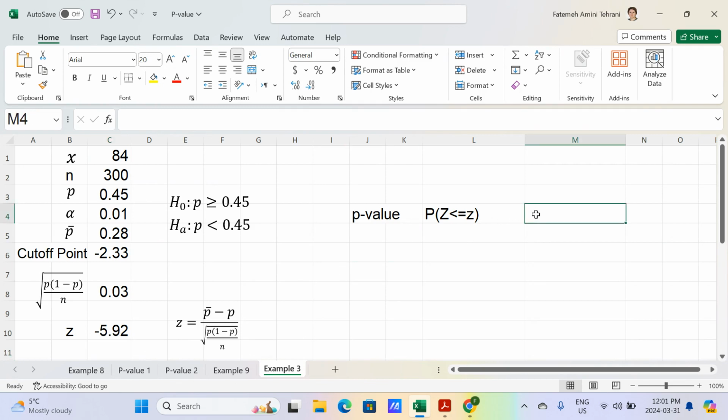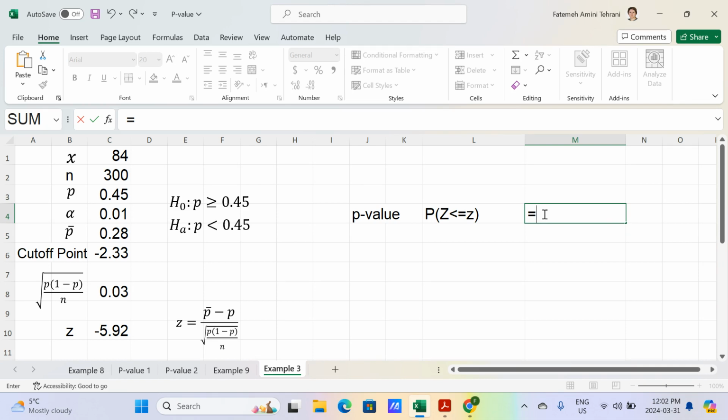I need to find the area on the left side of minus 5.92, because z is less than or equal to this z.